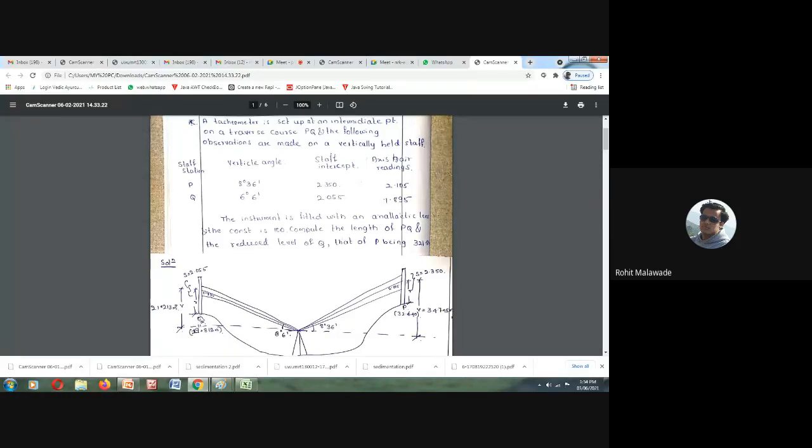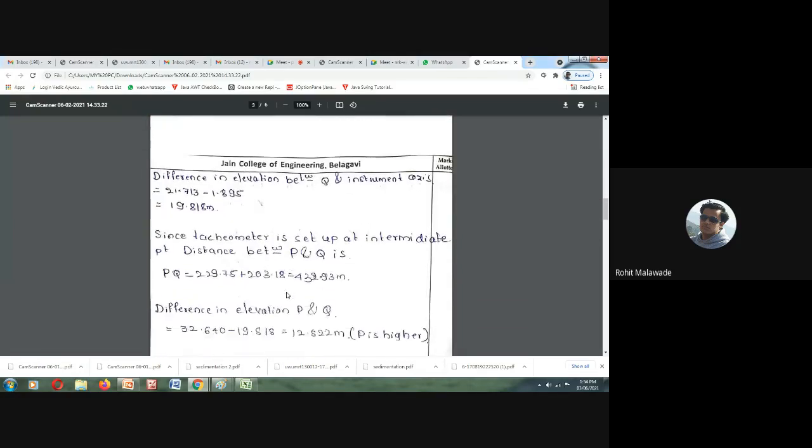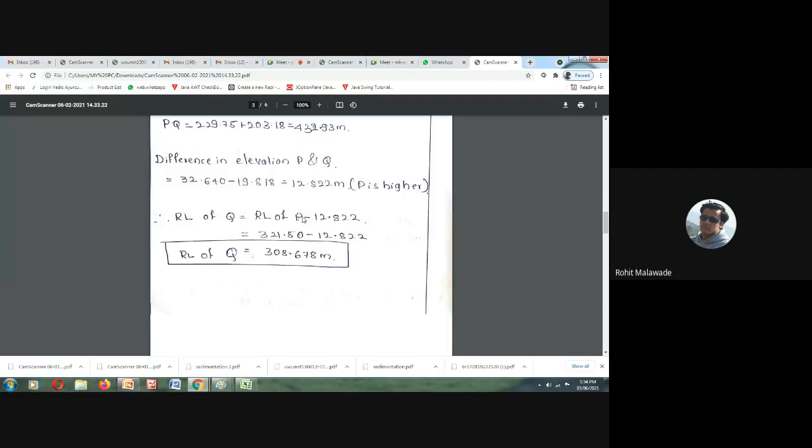So if we determine the difference between these 2 points, the difference between the elevation of P and Q, that is 32.64 minus 19.818.